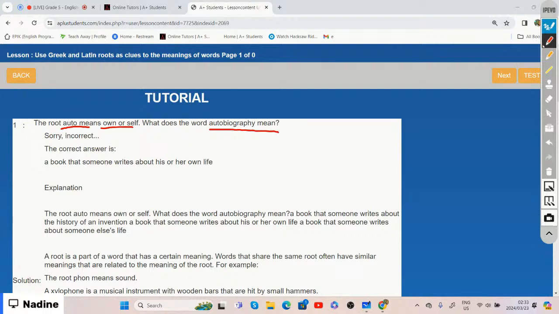If the root word auto means self or own, then what does autobiography mean? Now it's almost like we need to find out what biography means, and then you put the two words together, which is autobiography. But if the word auto already means self, then what do you think biography would mean in your own words?